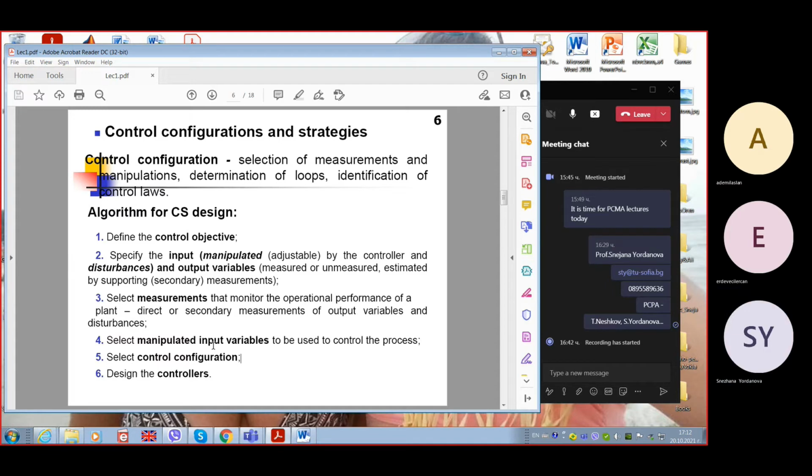So usually the actuator can be controlled by current, by voltage, if it is an electrical motor, by frequency. Also, if it is a pneumatic actuator, by pressure of air. If it is hydraulic, by pressure of a special liquid.